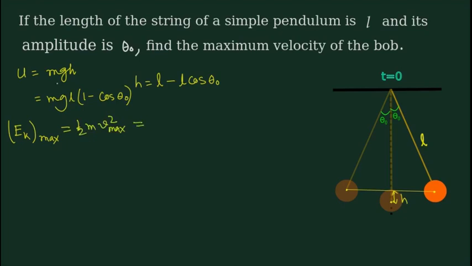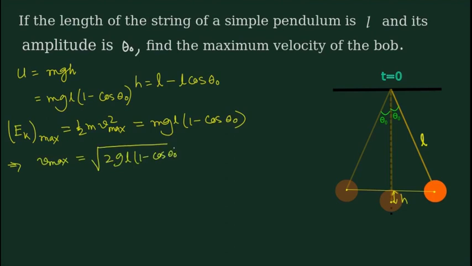This is equal to mgh, right? That means mgL into 1 minus cosine of theta naught. So we will have v max equal to square root of twice gL into 1 minus cosine of theta naught.